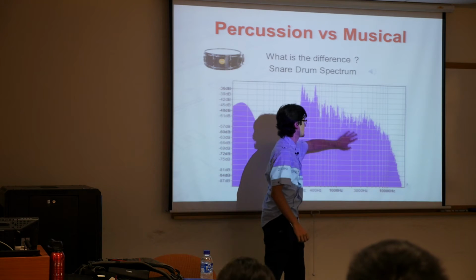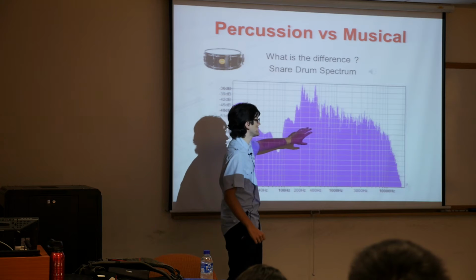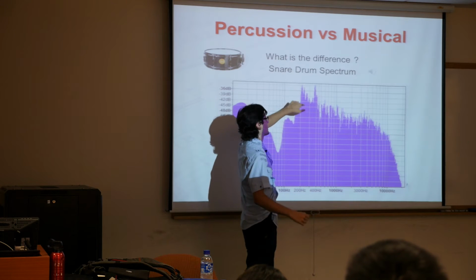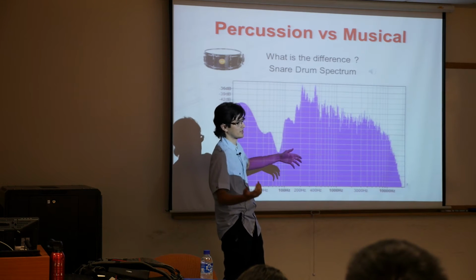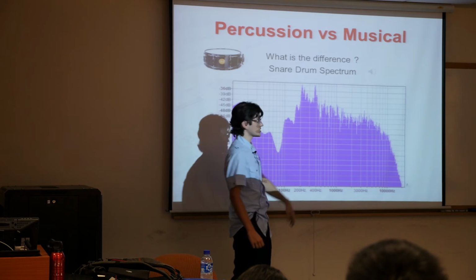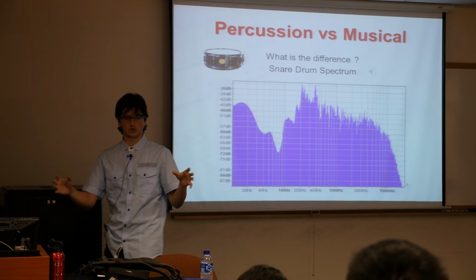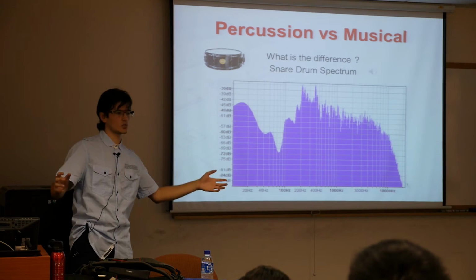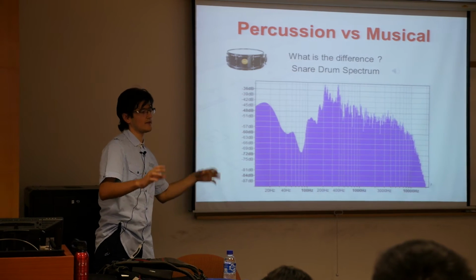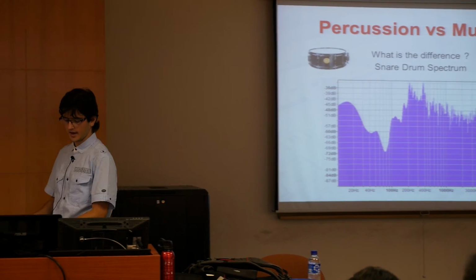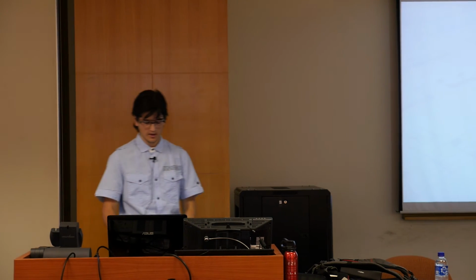The energy is spread across the spectrum, so we cannot identify a pitch which we can think of as being the fundamental pitch of the snare drum, right? So that's why we call them percussive, because they do not have these peaks in a related way, they have the energy spread. That's the difference between percussive and musical sounds.